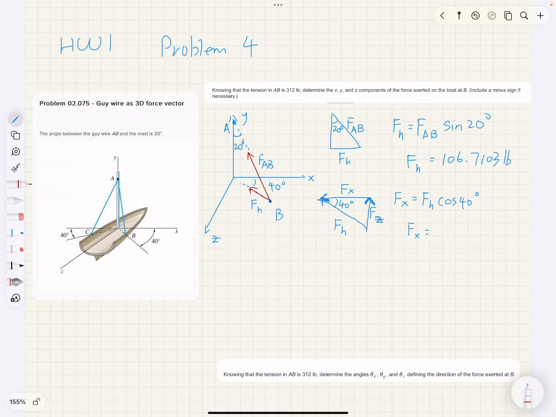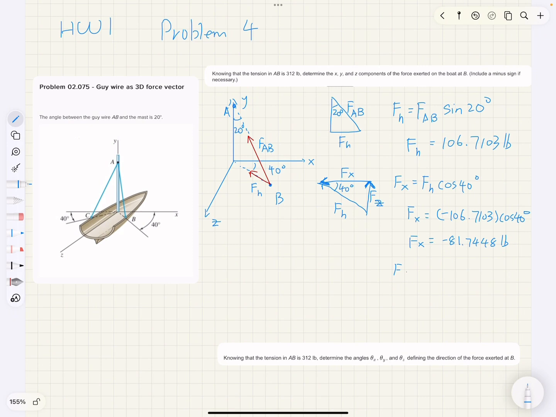So when we plug it in, we'll have negative 106.7103 times cosine 40 degrees. Fx would then be negative 81.7448 pounds.